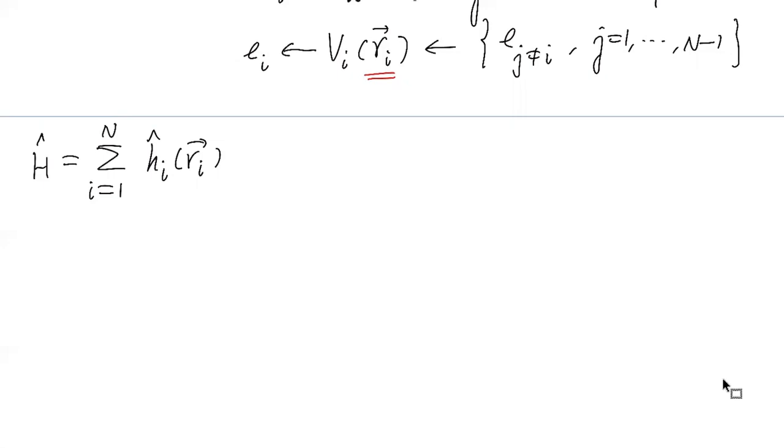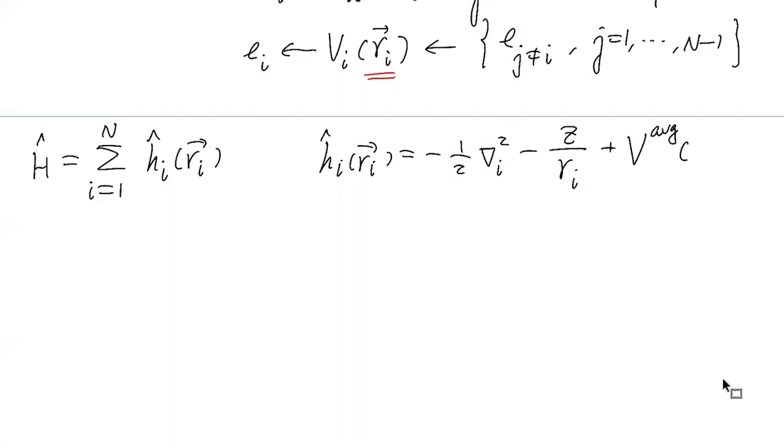And this Hamiltonian only depends on the location of the ith electron. So h_i is just the Hamiltonian for the ith electron, which is the kinetic energy for the ith electron, minus, in an atom, you have the electron-nucleus attraction and this effective potential, or I should say the averaged potential, which only depends on the location of r_i.